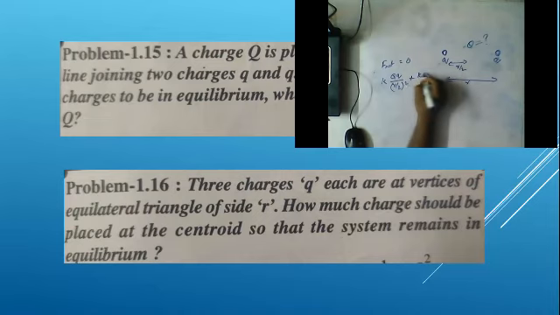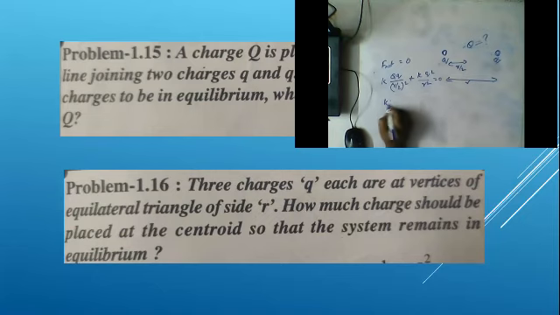we can write this as, what are the formulas? Charges are q and q, so the force is k q square by r square. Got it? So now k and r squares are constant, so completely keep it outside, and q is also constant, so k q by r square goes outside.